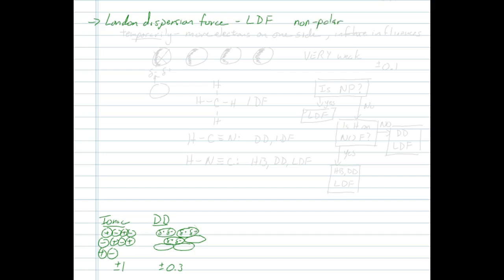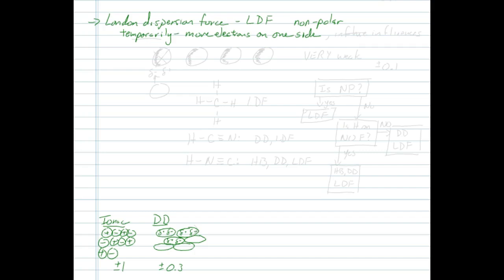And in this case, how can they stick together if they don't have a positive or negative end? Well, what happens is they temporarily have more electrons on one side of the molecule than the other.